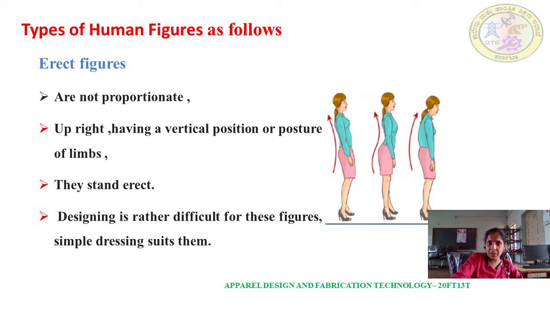And then in the next figure, due to the prominent hips and prominent chest part, the figure is curved, or else the spinal cord is totally bulged due to the prominence of the chest and hip area. And in the next one, the figure is stooped towards the front.